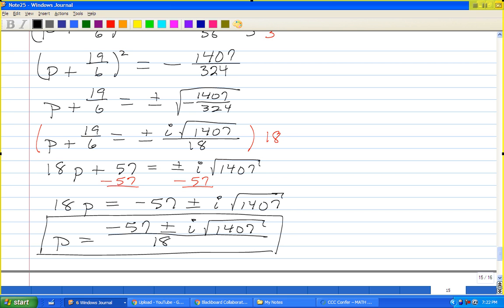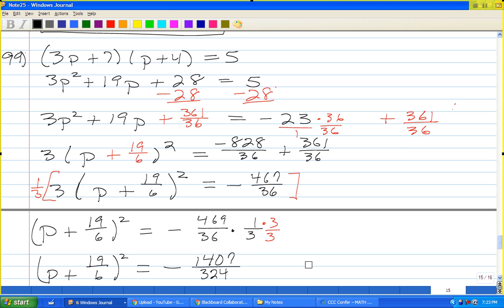Okay, well, it's supposed to be p is equal to, I'm supposed to be able to divide by 3 here. So it's supposed to be a negative 19 plus or minus. And that's supposed to be a positive.